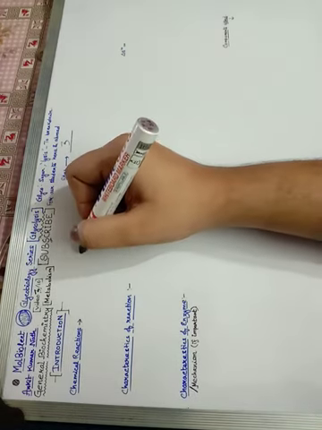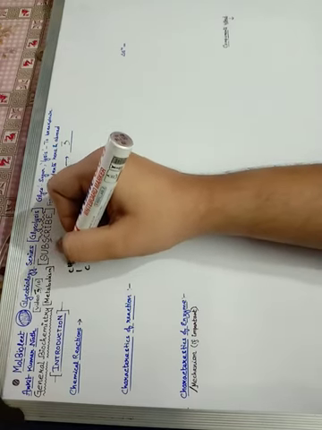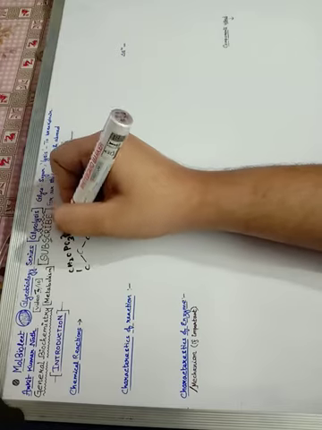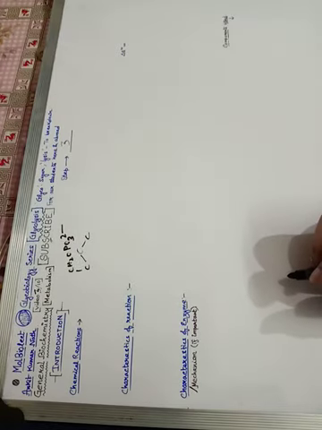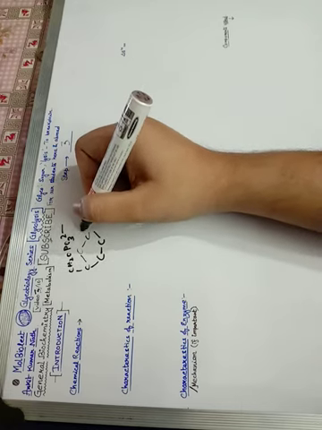So let's start. In my previous video I have shown you the structure of fructose 6-phosphate, so I'm just drawing it over again.